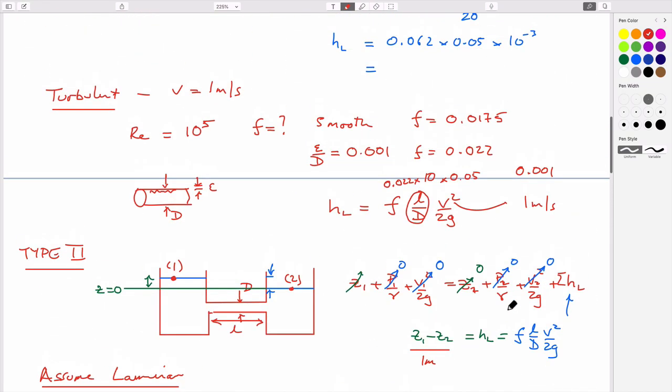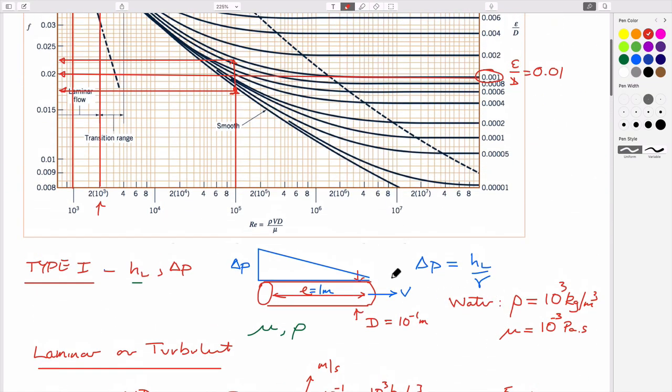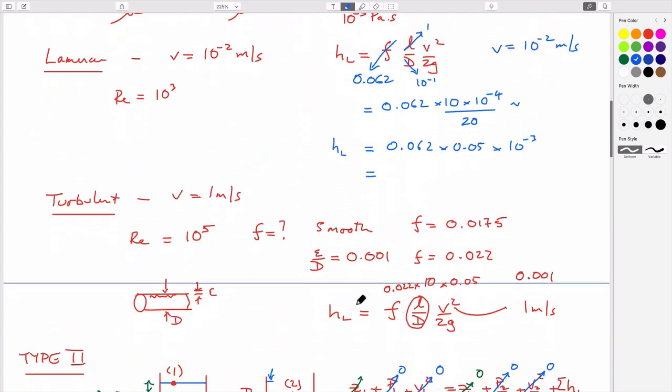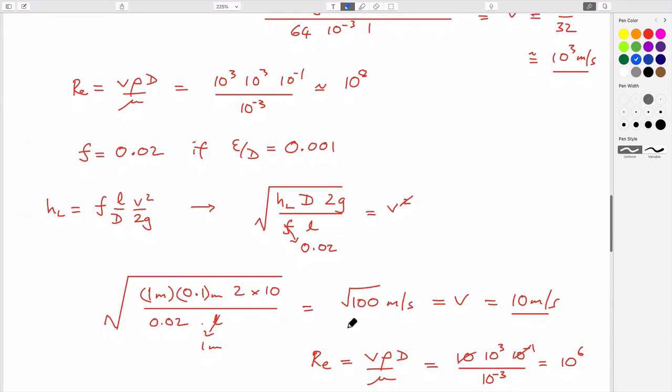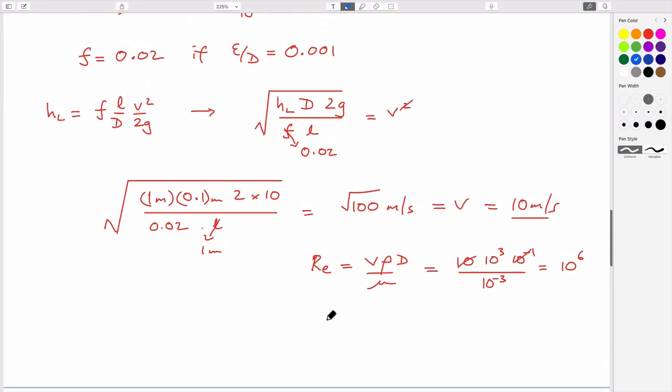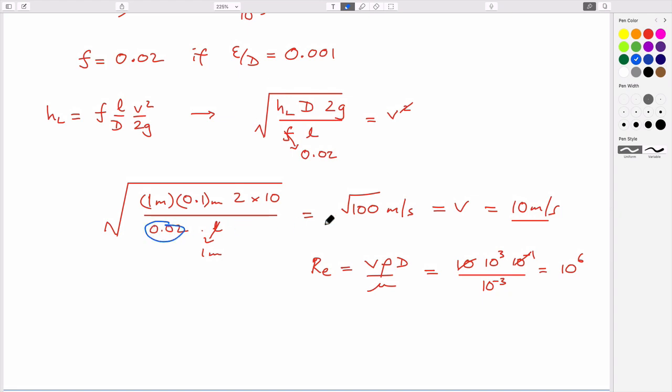We go back up to here, 10 to the 6, and we find as if we go up to the same roughness value, we end up with exactly the same friction factor. And if we use the same friction factor and went back to do this calculation again with this, we'd find out that indeed, thank you, the velocity is equal to 10 meters a second. And so that's the iterative way of being able to do this.